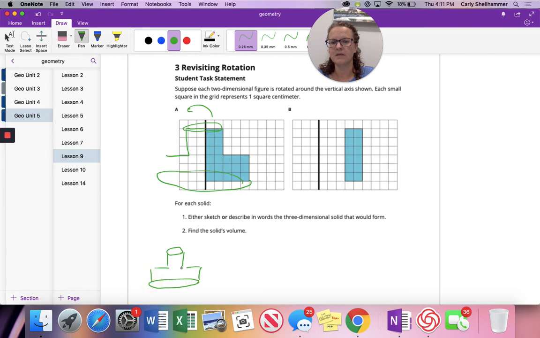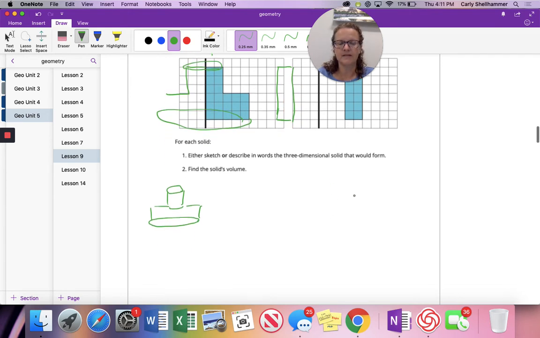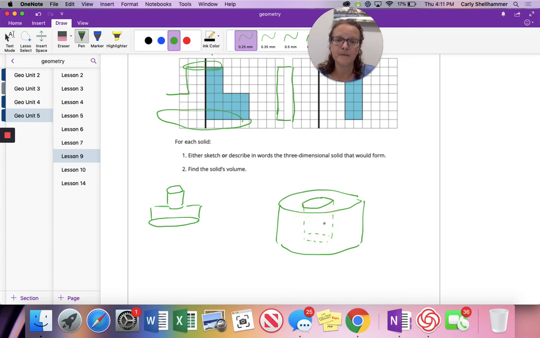It's going to look something like this. And this one, I'm going to skip that open space, and it's going to be like this on the outside. Like a pipe, okay?